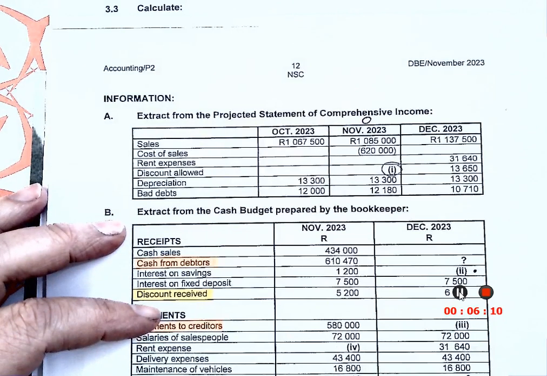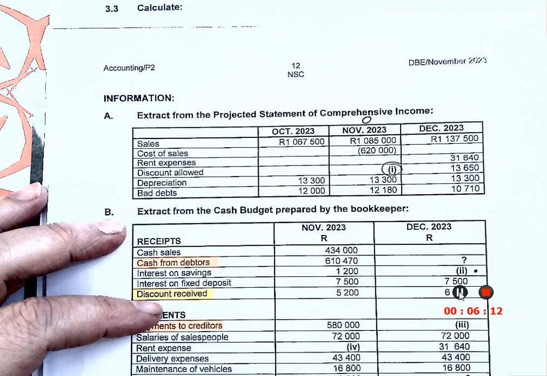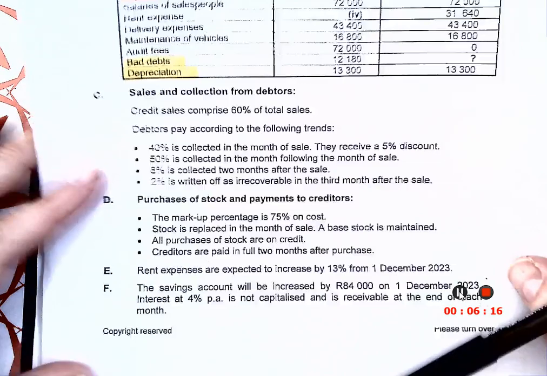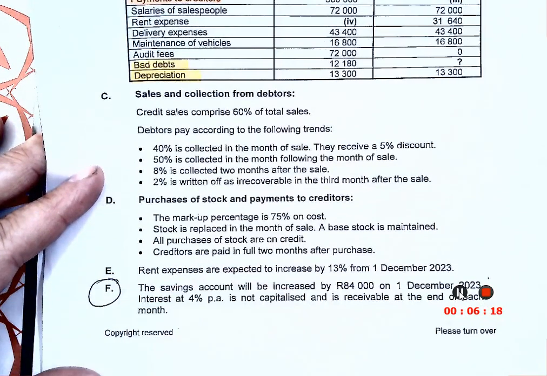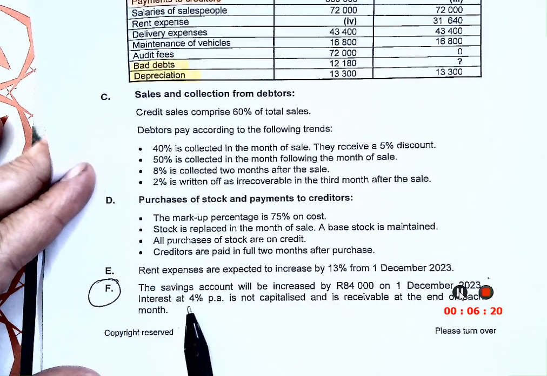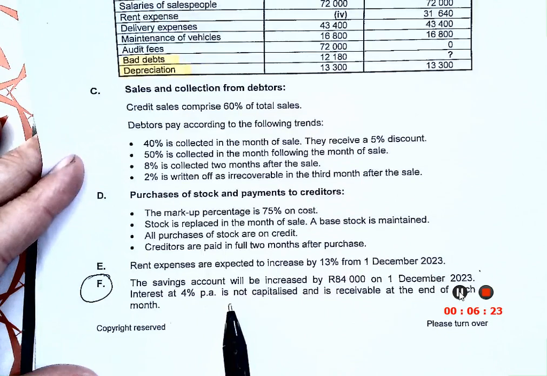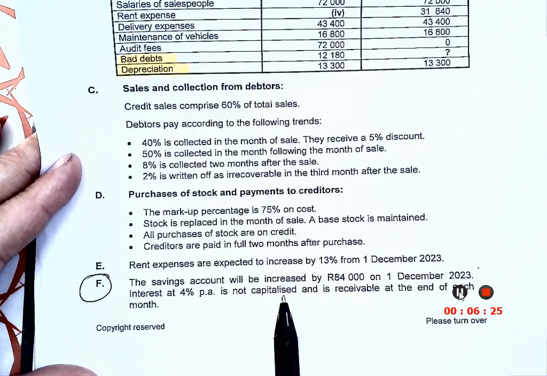F. But they said I must use A and B. They said nothing about F. Okay, let's use F. The savings account will be increased by 84,000 on 1st December. Interest is 4% per year and not capitalized.